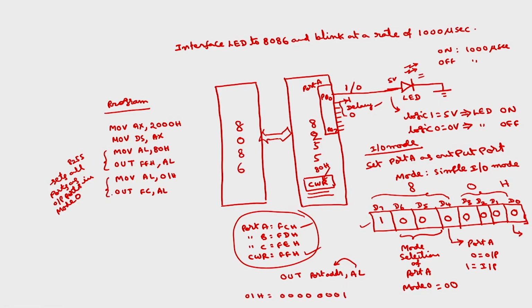So, after these 2 instructions, what happens? This is PA0, this is PA1 and so on up to PA7 of port A. So, PA0 becomes 1. PA0 is connected to the LED, so the LED will glow.